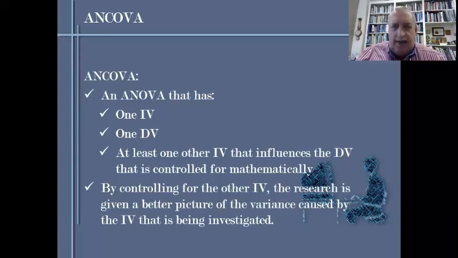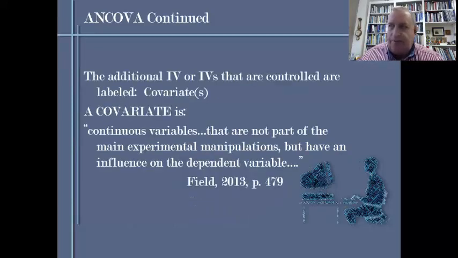We want to take the influence of gender out of the equation mathematically, so that we can see what being a junior in college has to do with the dependent variable. By controlling for this other independent variable, or control variable, the researcher gets a better picture of the variance caused by the independent variable being investigated.